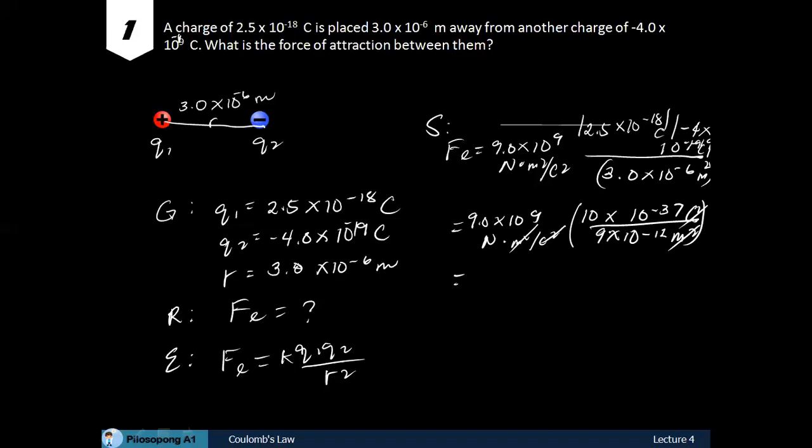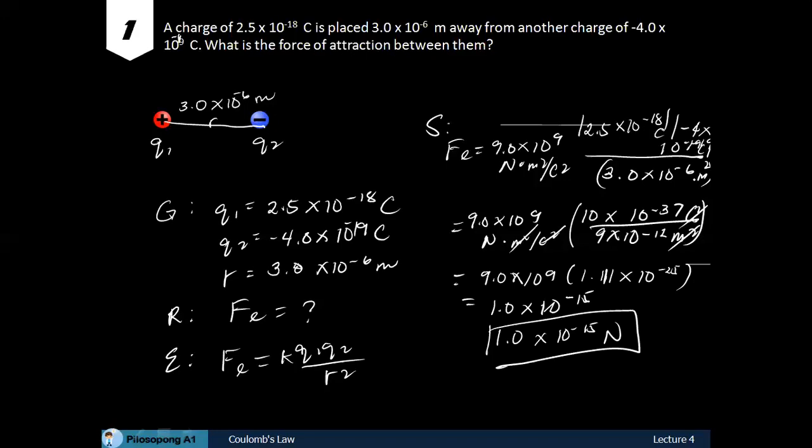So 10 over 9, I did not change the 10 into 10 to the 1 yet, so I'll compute it first. 10 over 9 has a value of 1.11 times 10 is 1.11 times 10 raised to negative 25. And we have an answer of 1.0 times 10 raised to negative 15. And I write it again, 1.0 times 10 raised to negative 15 newtons.